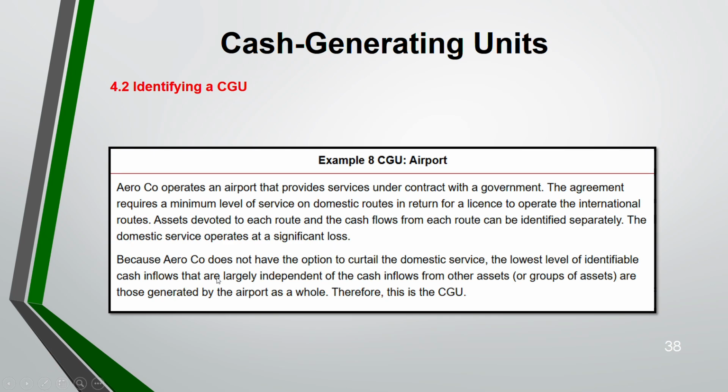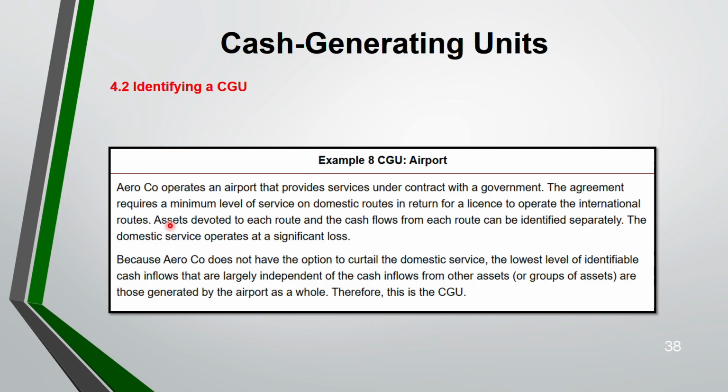Next example, example 8, airport. Aero operates an airport that provides services under contract with the government. The agreement is giving a minimum level of service on domestic routes in return for a license. Assets devoted to each route and the cash flows from each route can be identified separately.